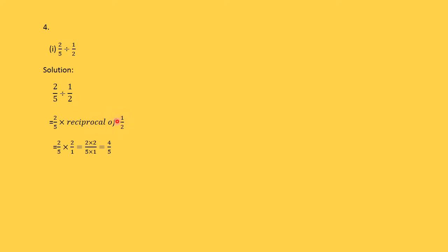What is the reciprocal of 1 upon 2? Just reverse numerator and denominator. So 2 upon 1. Now what is its value? Numerator into numerator, denominator into denominator. 2 2s are 4, 5 1s are 5. So 4 upon 5 is the answer.